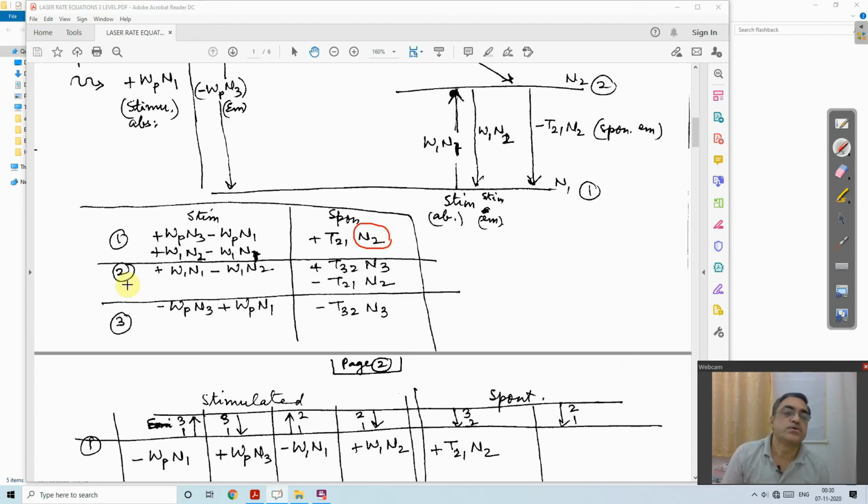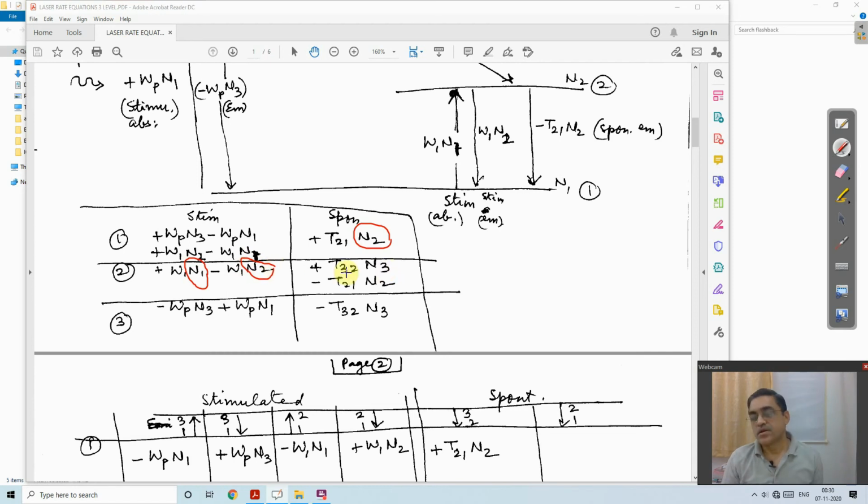Now the story for level 2: when it is being populated by a lasing radiation, it is proportional to N1, and while it is being depleted, it goes to the lower level, the ground level, proportional to N2.